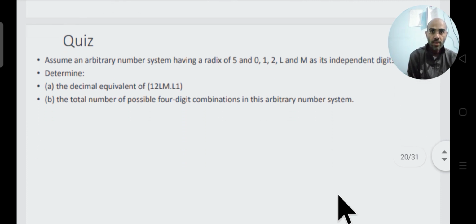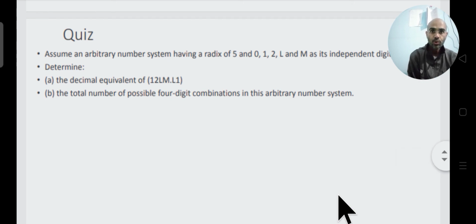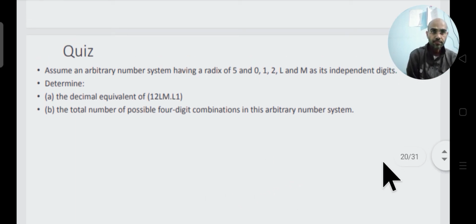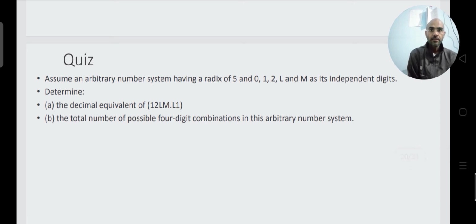Now moving on to the quiz, I expect you to solve this question on your own. So pause the video and try to solve it. The question is as follows. Assume an arbitrary number system having a radix of 5 and 0, 1, 2, L and M as its independent digits.